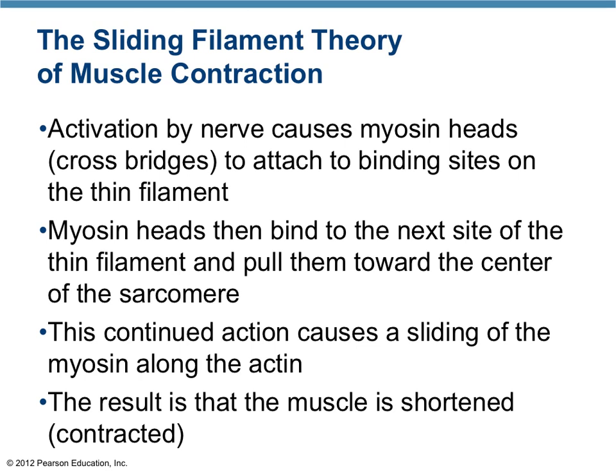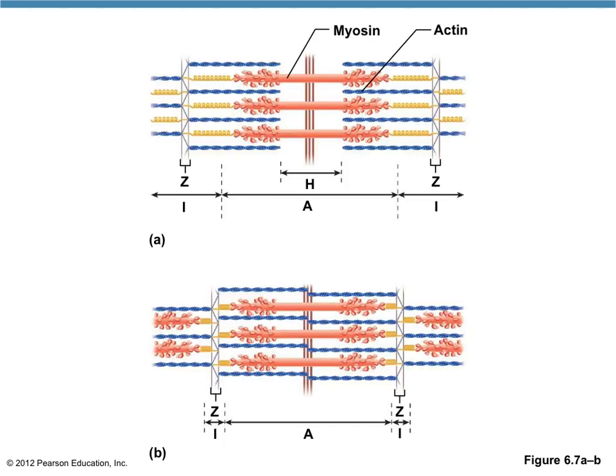This continued action causes a sliding of the myosin along the actin, and this occurs at every sarcomere across the entire muscle, and the result is that the muscle is shortened or contracted. So in this diagram, you can see that there's a muscle at rest in image A, and we know that the muscle is at rest because that H zone, or that bare zone, does not contain any actin filaments.